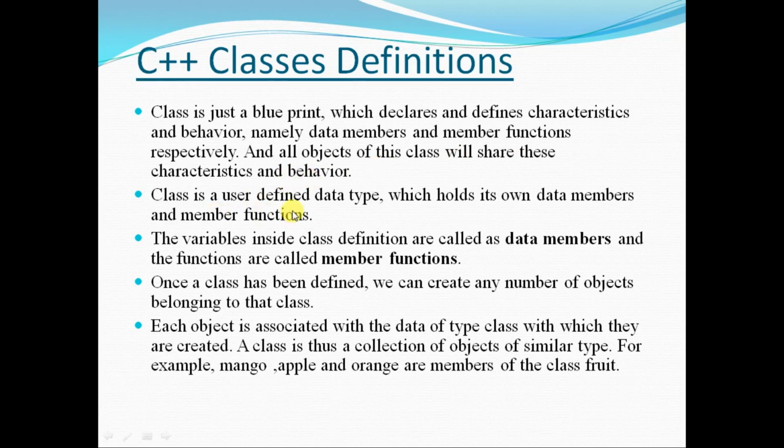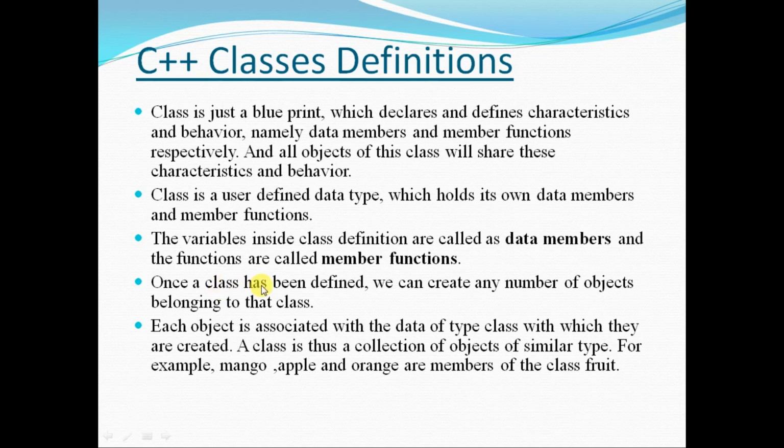Class is a user-defined data type which holds its own data members and member functions. The variables inside class definitions are called data members and functions are called member functions.